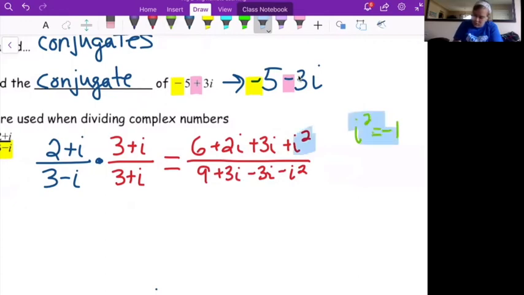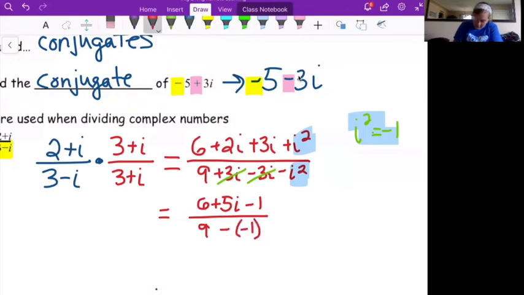And so this is going to be 6 plus 5i minus 1 over 9. My 3i and negative 3i cancel, and then minus negative 1. So then this is going to be 5 plus 5i all over 9 minus negative 1, which gives us 10.